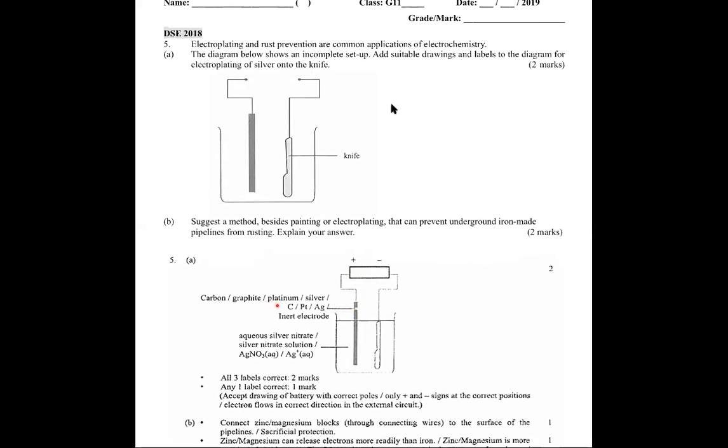If you don't understand this part, you can watch the video about the MC questions. And then this part should be connected to the positive side of the battery. The object that you want to get electroplated should be connected to the negative side of the battery. So you need to label at least 3 parts: the battery, the rod, and also the electrolyte.